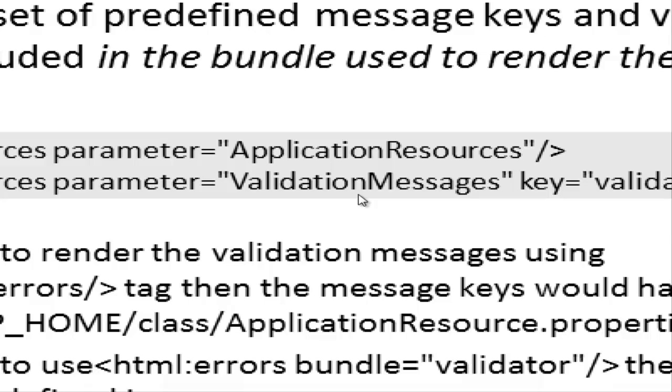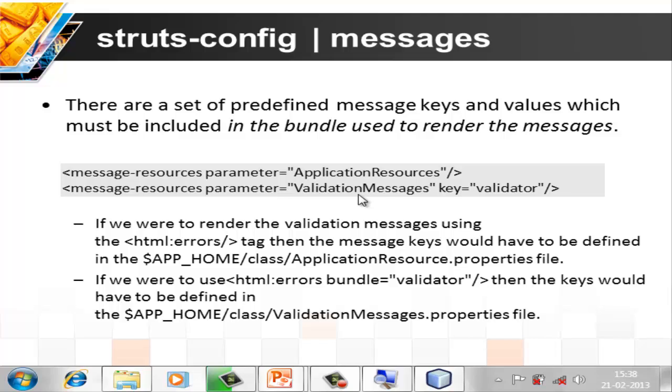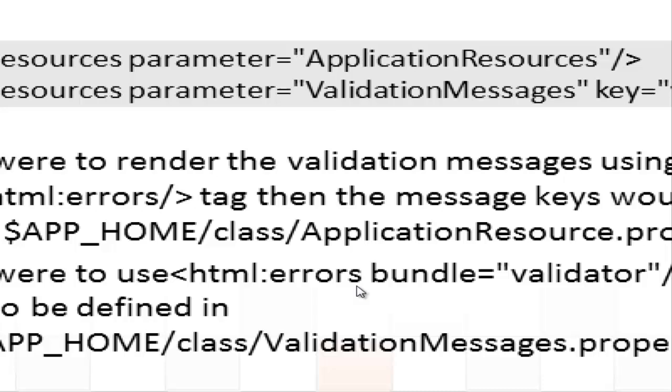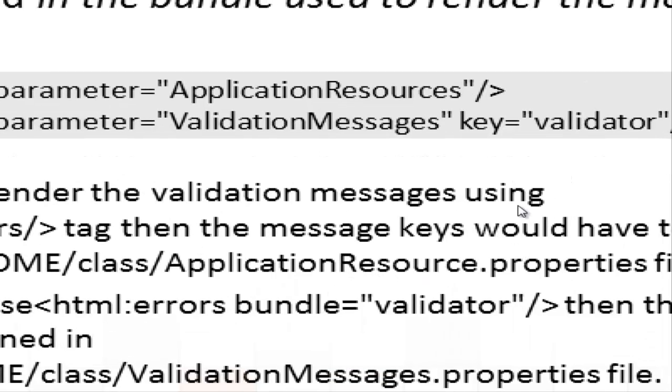Suppose if you want to show an error message of a particular type, how do you specify that? In your error message, suppose you are writing this html:errors, you have to specify which is the bundle that you are using. When you say html:errors bundle is validator, that means you are getting it from the other file.